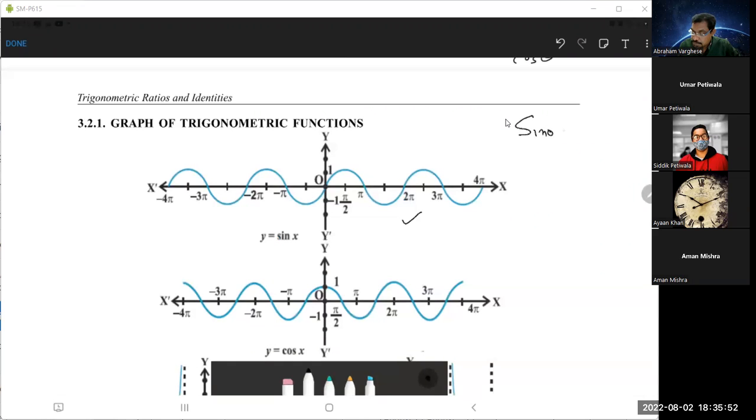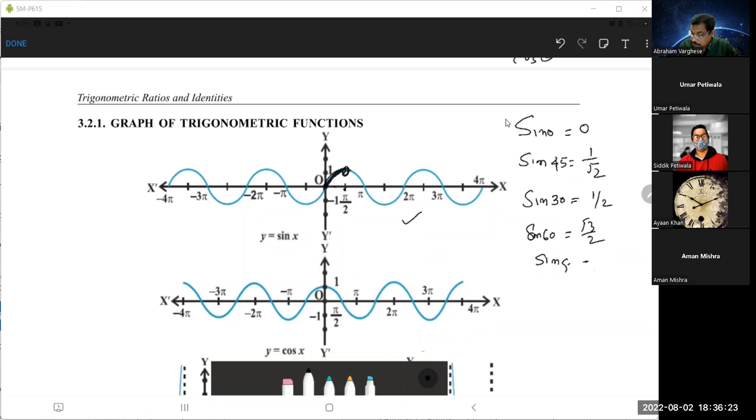We know sin 0 is equal to 0, sin 45 is equal to 1 by root 2, sin 30 is equal to half, sin 60 is equal to root 3 divided by 2, and sin 90 is equal to 1. So when it is sin 90, it reaches 1. So you can have a curve like this. It's not a straight line, it is a curve like this.